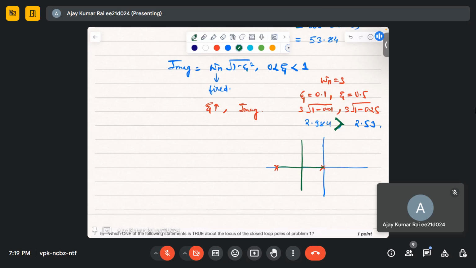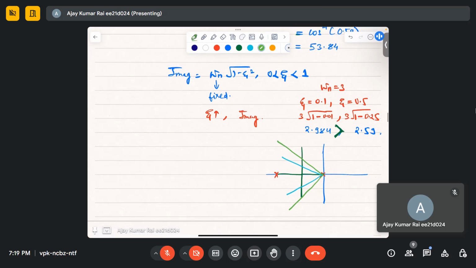One zeta corresponds to this, and the other zeta corresponds to this. You can see in the first part when zeta is equal to 0.1, I can say this corresponds to zeta equal to 0.1, and the other one corresponds to zeta equal to 0.5.